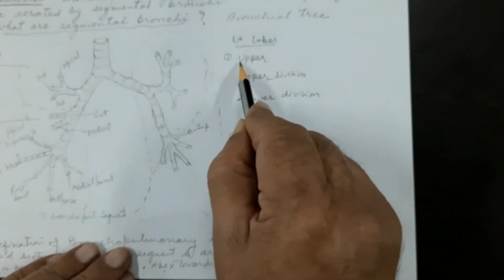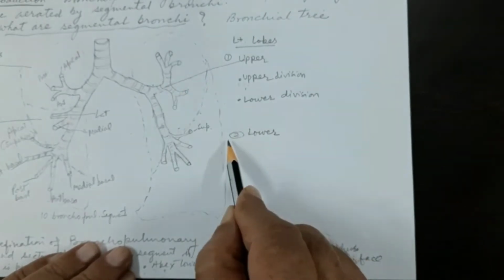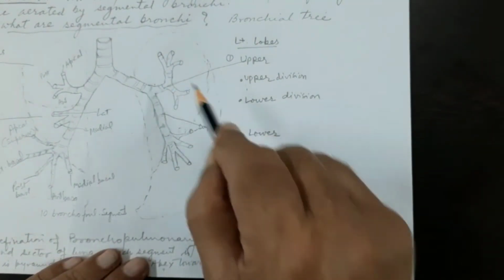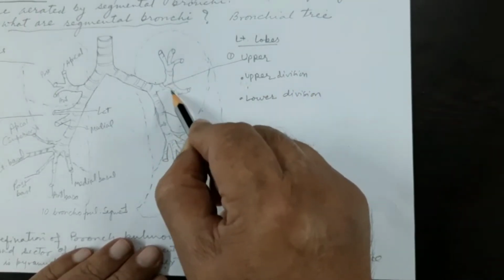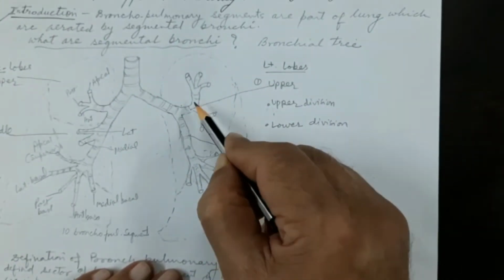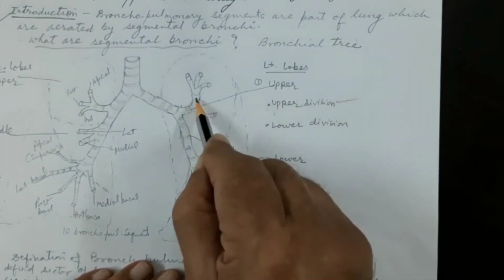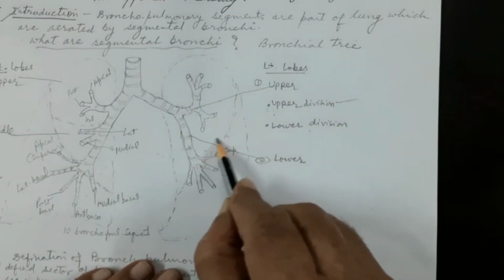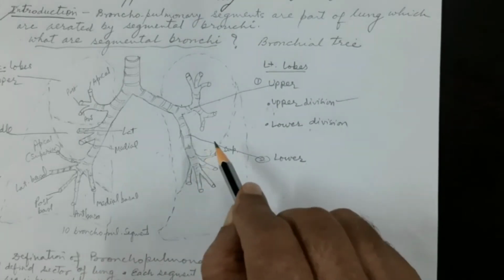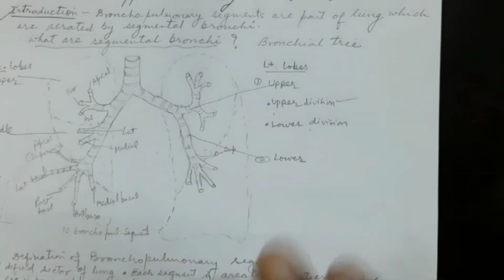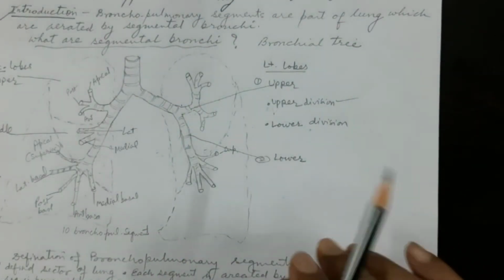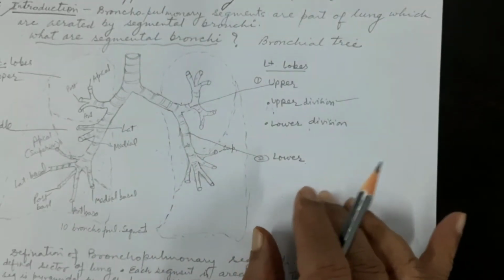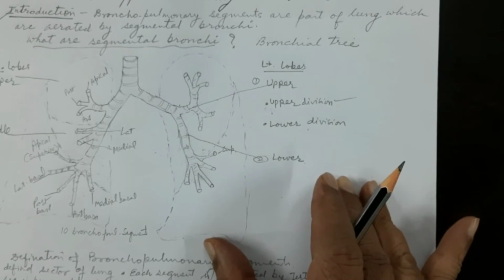The upper lobar bronchus will divide into 2 divisions: an upper division going towards the apex, and a lower division going towards the lower side of this upper lobe, because in the left lung there are only 2 lobes, an upper lobe and a lower lobe.